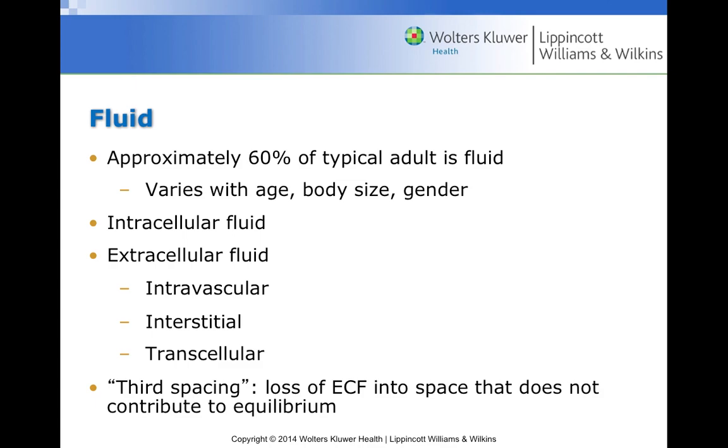Early evidence of a third space fluid shift is a decrease in urine output despite adequate fluid intake. Urine output decreases because the fluid shifts out of the intravascular space, so the kidneys receive less blood and attempt to compensate by decreasing that urine output.